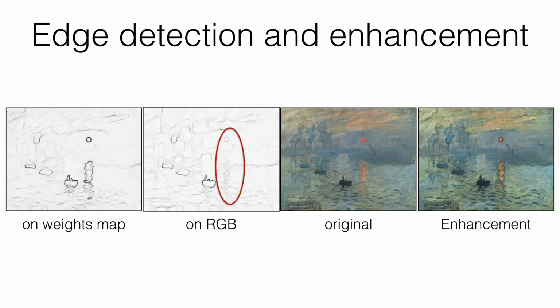For example, we do edge enhancement by increasing the thickness of pigments near the boundary according to the edge response, which can visually emphasize painted objects in a different way than RGB edge enhancement.